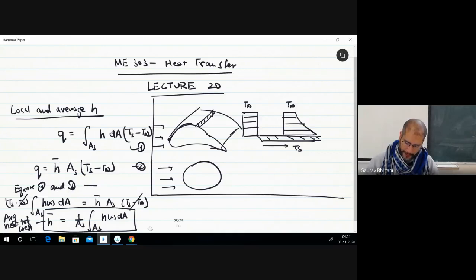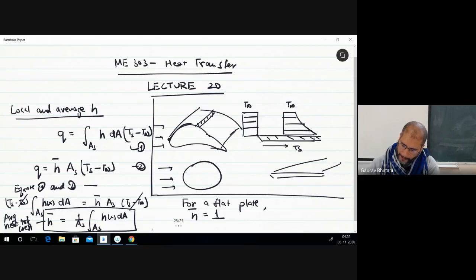Now for a flat plate, the h bar simplifies a bit. Now remember, what is the surface area? We're talking about h varying as a function of x. In this case, we have this kind of a flat plate, and the flow is happening across this flat plate.